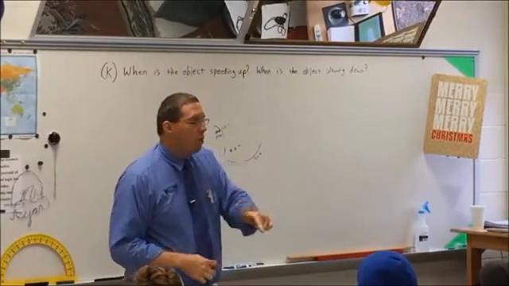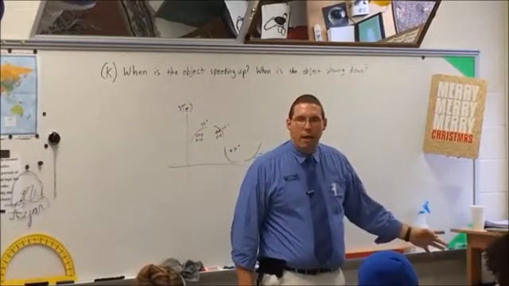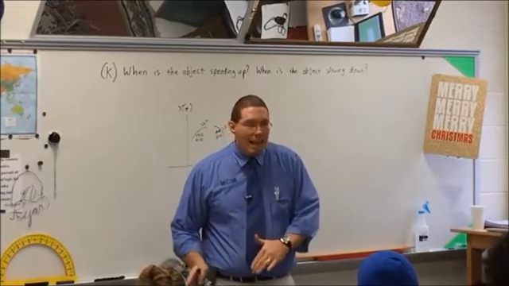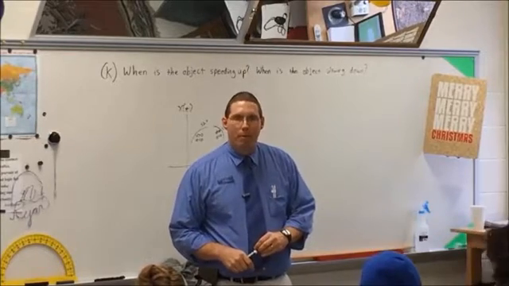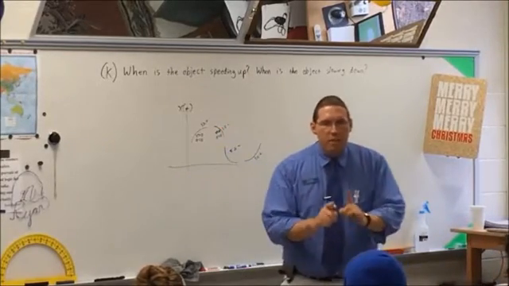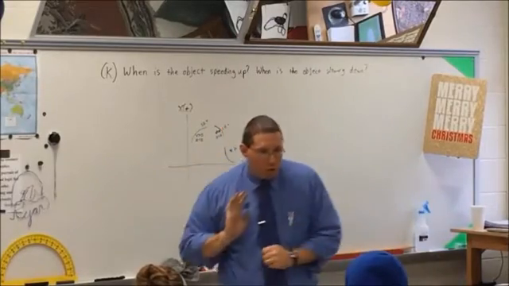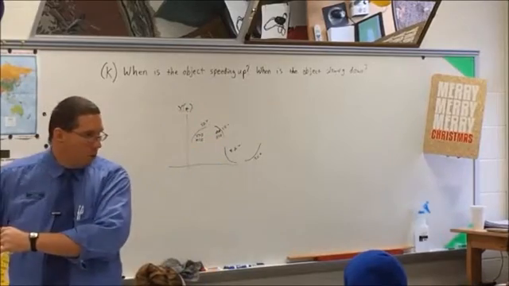It's going to slow down. So, when the direction of the object and the influence on the direction are the same, what will happen to the object? It'll speed up. Okay, when the direction of the object and the influence on the direction are the same. So I'm walking and you're behind me pushing me.